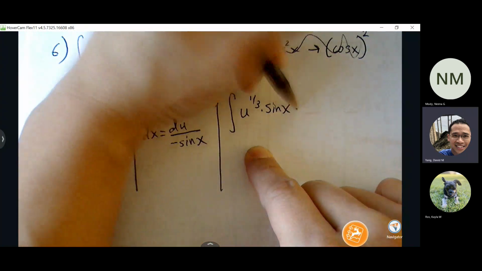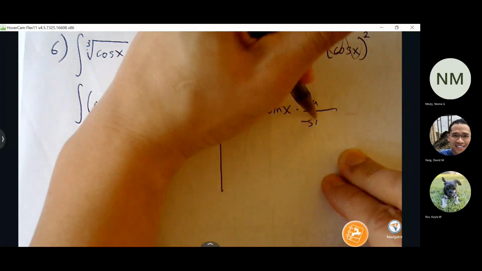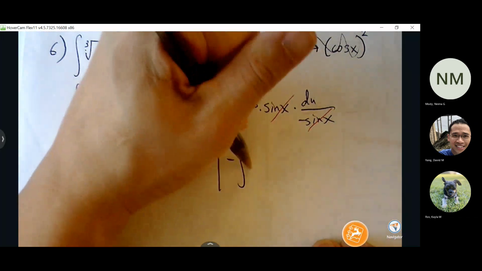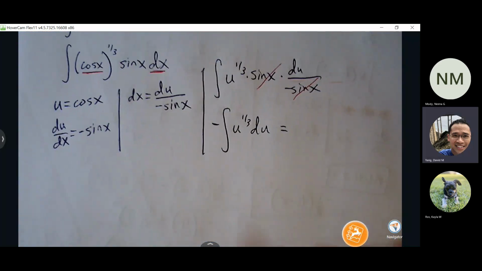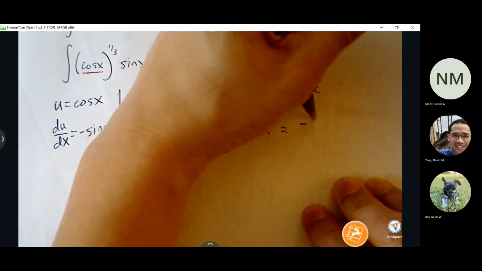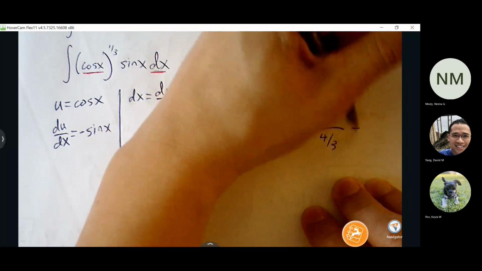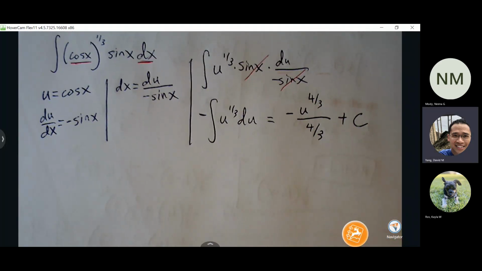Sine is going to stay initially, and then replace dx with du over negative sine x. Push the negative out in front. Nice and clean power rule, a lot different than what we started with. Add 1 to the exponents, divide by that exponent. This is an indefinite integral, so we just have to clean this up and replace the u back in terms of x.